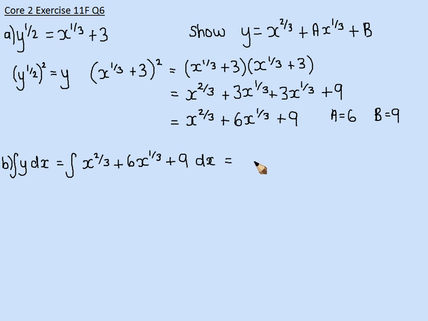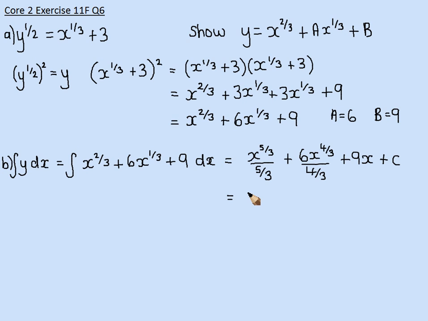So when we integrate that, we get x to the power of 5/3 divided by 5/3, plus 6x to the power of 4/3 divided by 4/3, plus 9x, plus our constant, because it's an indefinite integral as we've not been given limits of integration.